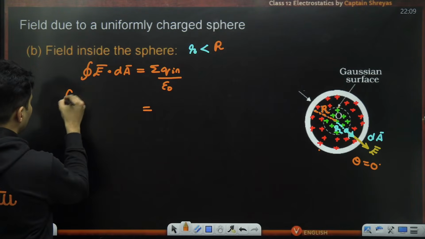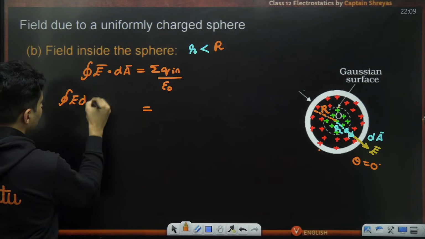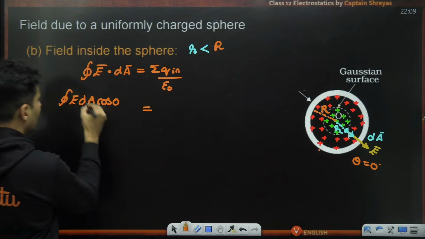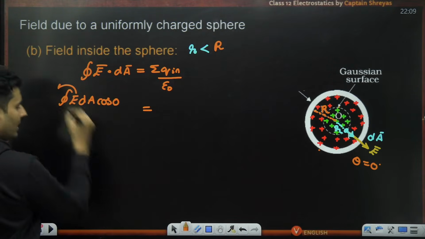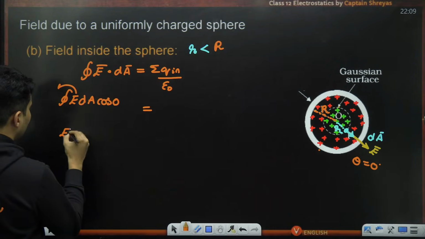So this will again become E dA cos 0. Cos 0 is 1. Electric field will come outside.